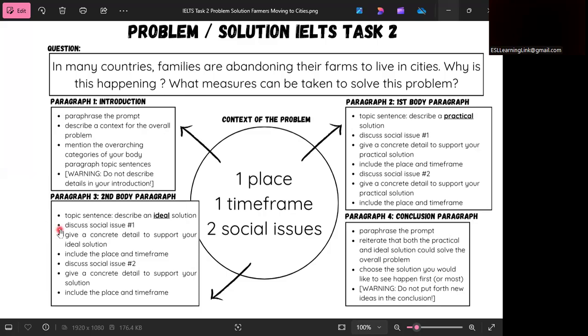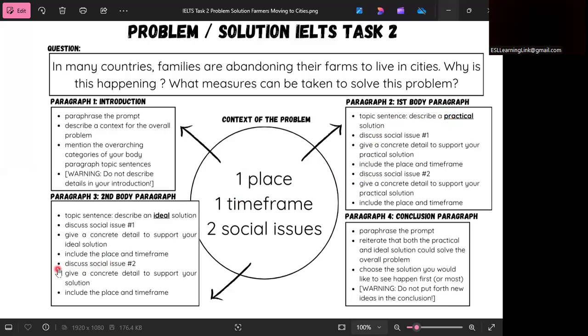Okay, so discuss social issue number 1 again in light of the ideal solution, and give a concrete detail to support your ideal solution, and make sure that you include that place and time frame in your languaging. And then again, discuss social issue number 2. You discussed social issue number 2 in the first body paragraph in light of your more practical solution.